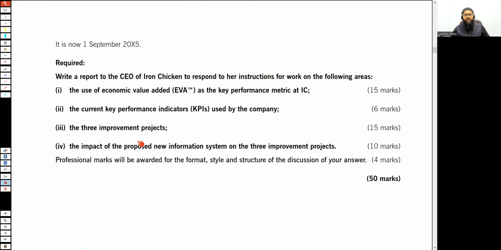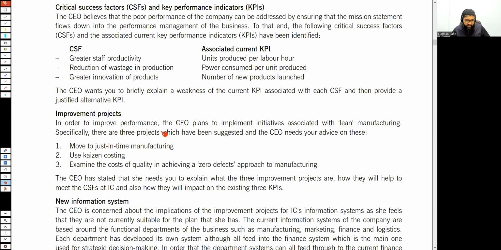Okay, it's one of the past examination questions of this APM. And here the question is basically about the use of economic value added as the key performance metric at IC. Now, what is he asking? Let me just see.